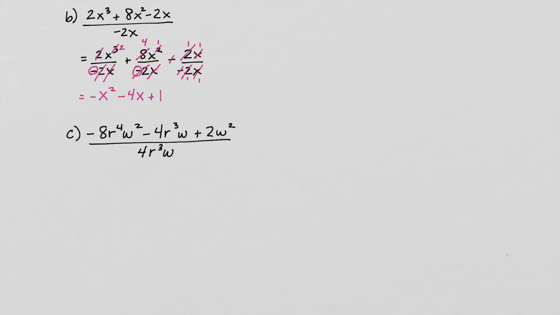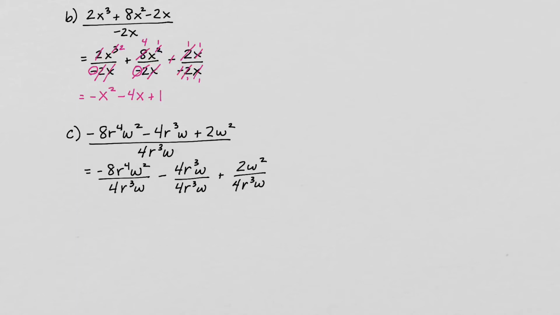Okay, so again, it is all one piece on the bottom, all one term, so I'm going to split it up. So minus 8r to the 4th w squared divided by 4r cubed w, minus 4r cubed w divided by 4r cubed w, plus 2w squared divided by 4r cubed w.